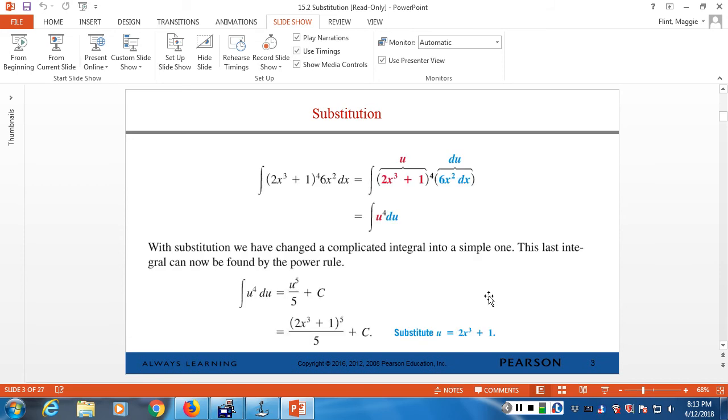So this is what we actually have from that. This is the part that's U. You still have the parentheses in the 4th power, just like you did with chain rule. But this is the derivative of what's inside the parentheses, and you've got to have that before you can finish. But once you've got that, this becomes a power rule problem.